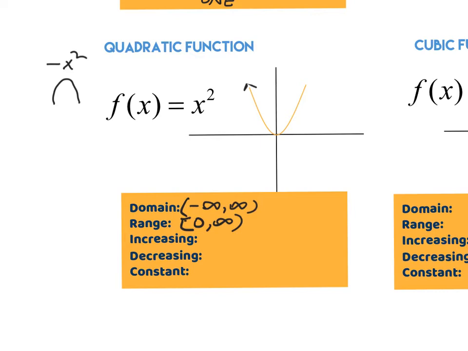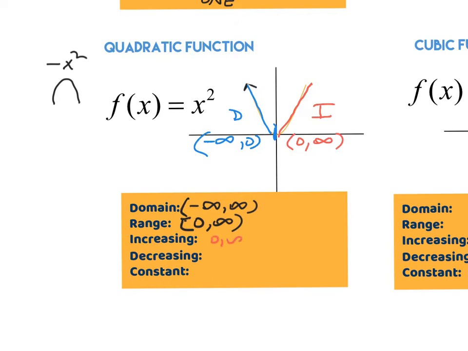So over here is the increasing side, and over here is the decreasing side. The decreasing is from negative infinity, and it stops here at 0. And then the increasing picks up at 0 and goes to infinity.